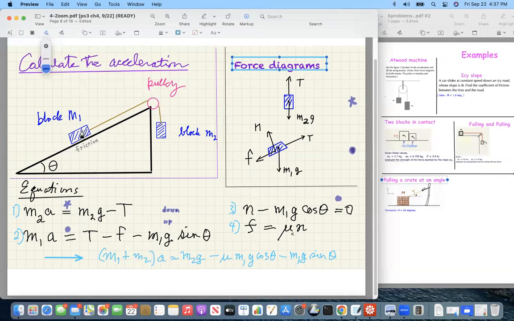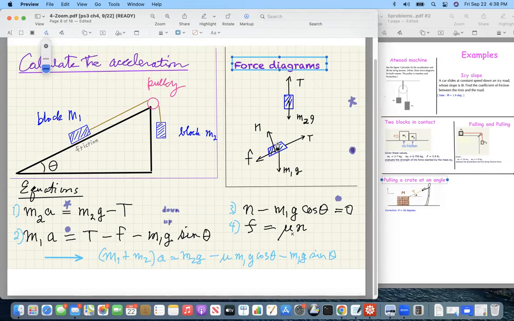The gravitational force is downward, but that can be separated into a parallel component and a normal component. So the parallel component will contribute to M1A, the acceleration of the block up the incline. T will be positive up the incline. F will be negative down the incline. Gravity will be down the incline. It'll be M1G sine theta.